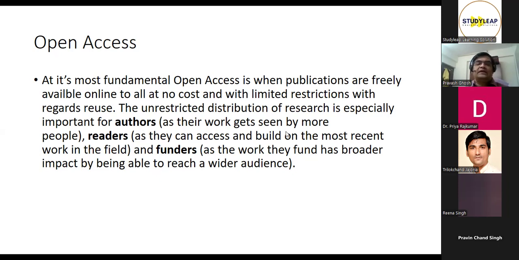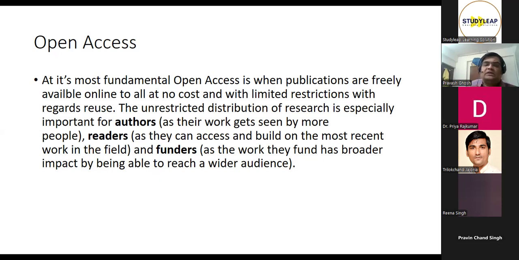The work gets seen by many more people. From the day you publish, your journal will be online. So visibility is there. If there is visibility, people will cite. If people cite, the impact factor will go up.